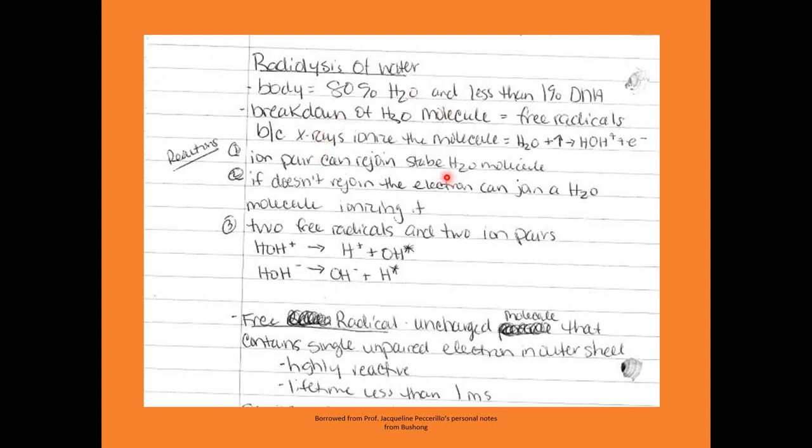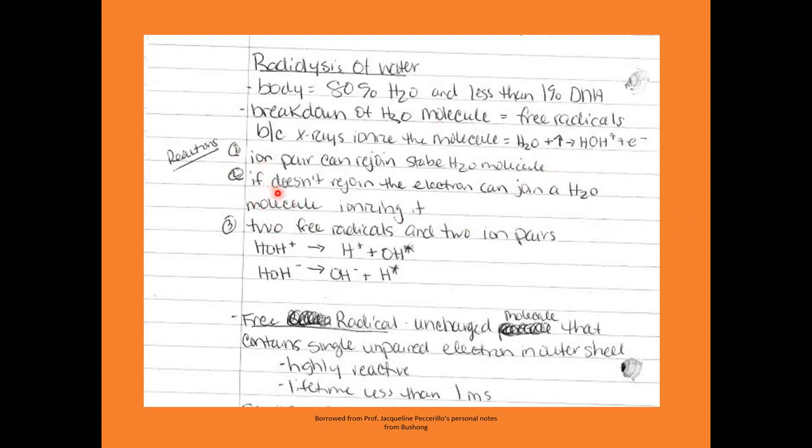So the water gets changed to hydrogen, oxygen, and another hydrogen because of that extra electron hanging out. So you've got an ion pair that can rejoin and stabilize the water molecule. Or the electron may not rejoin and can instead join another H2O molecule, ionizing it. So you can have it go back to normal, or ionize another water molecule.